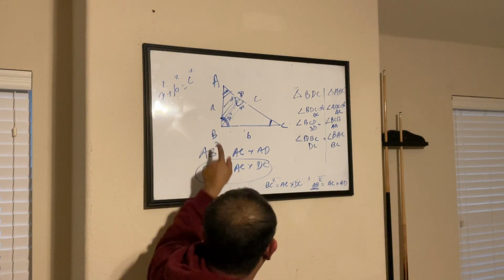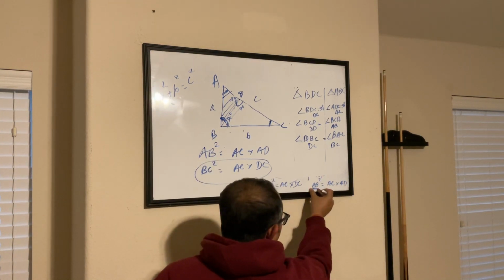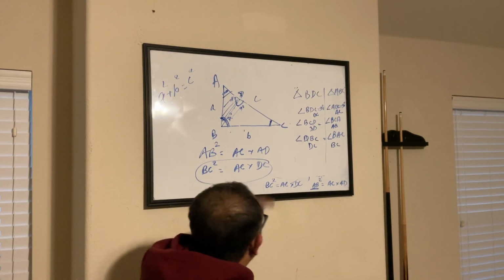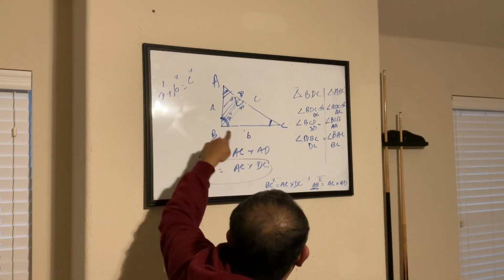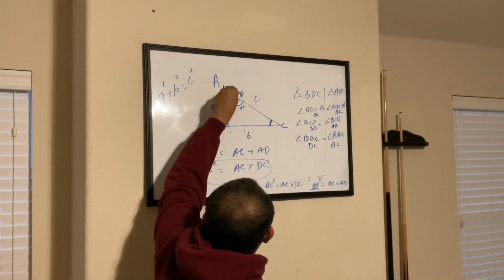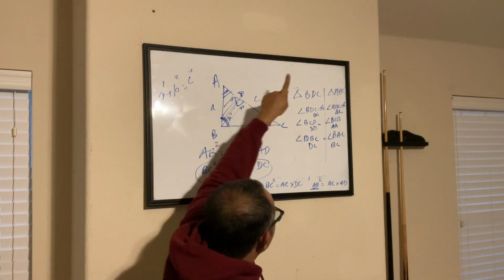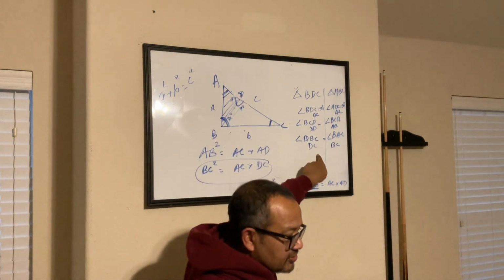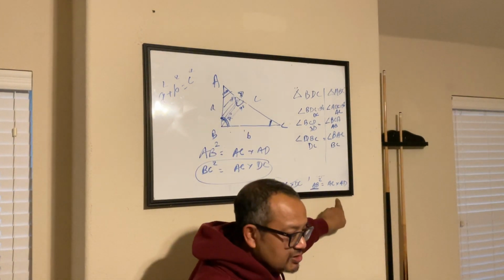Now, when you add, you got AB square equal to AC into AD and you got DC square equal to this. Conceptually, you had a right angle triangle, you have drawn a perpendicular, you split that into two right angle triangles, you found this triangle similar to the larger triangle, found the ratio, this triangle similar to the larger triangle, found the ratio. And from that you got two formulas.